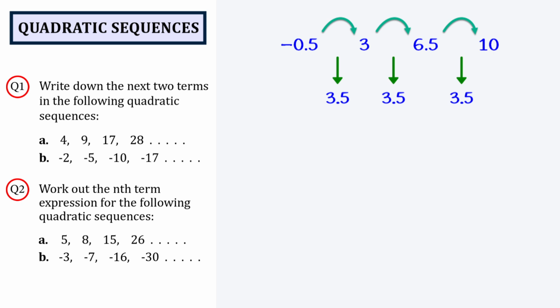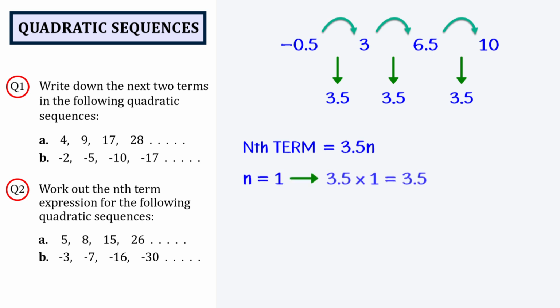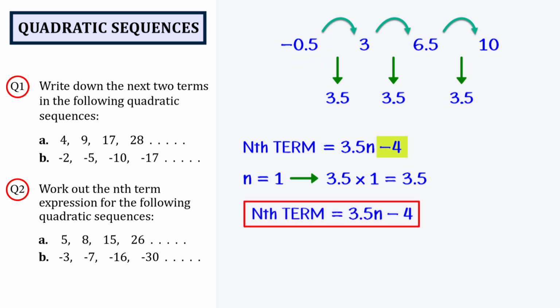And so because the first difference is equal to 3.5, this means the nth term expression for this linear sequence must include 3.5n. But when n is equal to 1, 3.5 multiplied by 1 is equal to 3.5, not minus 0.5. And so we need to subtract another 4. So the nth term expression is equal to 3.5n minus 4.